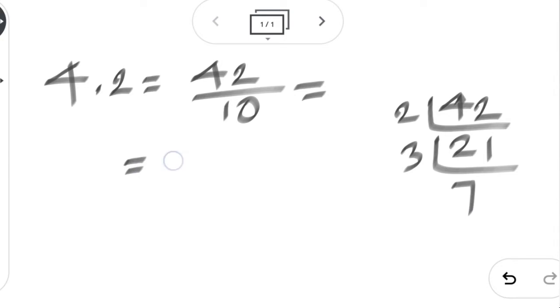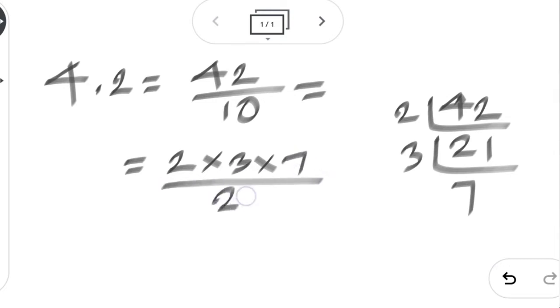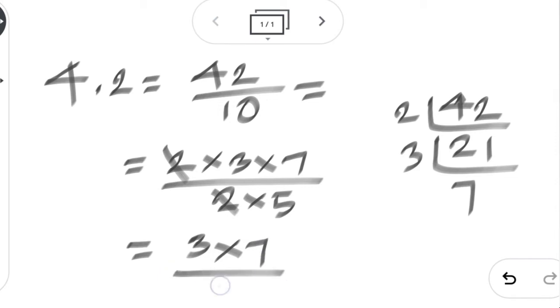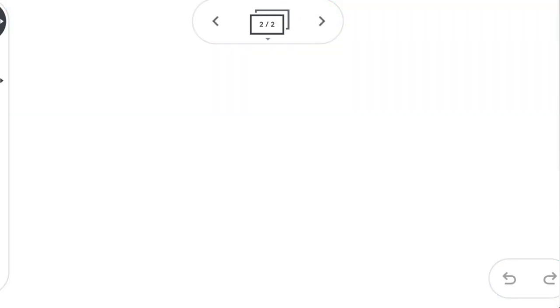That is, 42 equals 2 into 3 into 7. 10 we can factorize as 2 into 5. We can cancel one 2. That's equal to 3 into 7 by 5. Here the denominator of the rational form is 5. Note the point, denominator is 5.